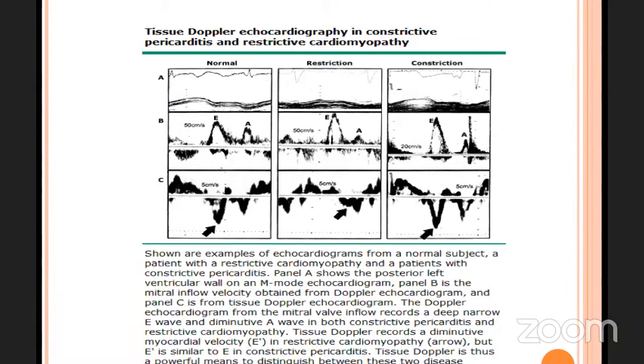For example, if the medial annular velocity E prime is about 12 centimeters per second, the E prime on the lateral side will be only about 9 or 10 centimeters per second. This is the reverse of normal, what we call annulus reversus. This is very typical for constrictive pericarditis, and it does not occur with restrictive cardiomyopathy.